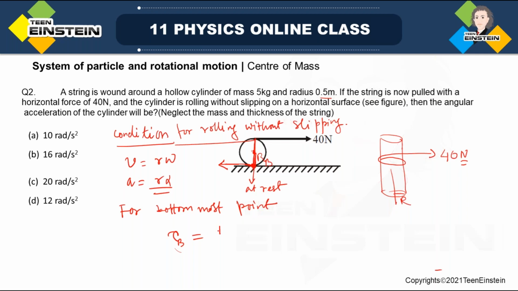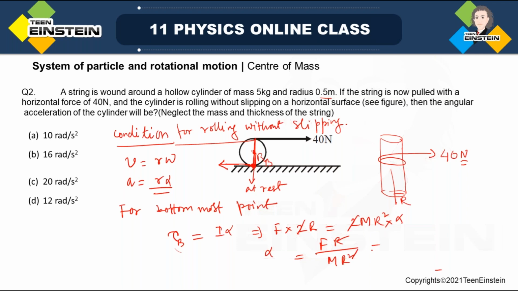So torque is equal to I alpha, and this torque is force into the distance between them, F into 2R, is equal to I, which is 2mr square, we have seen already, into alpha, which we have to calculate. So 2 goes off. So alpha is F into R divided by mr square.